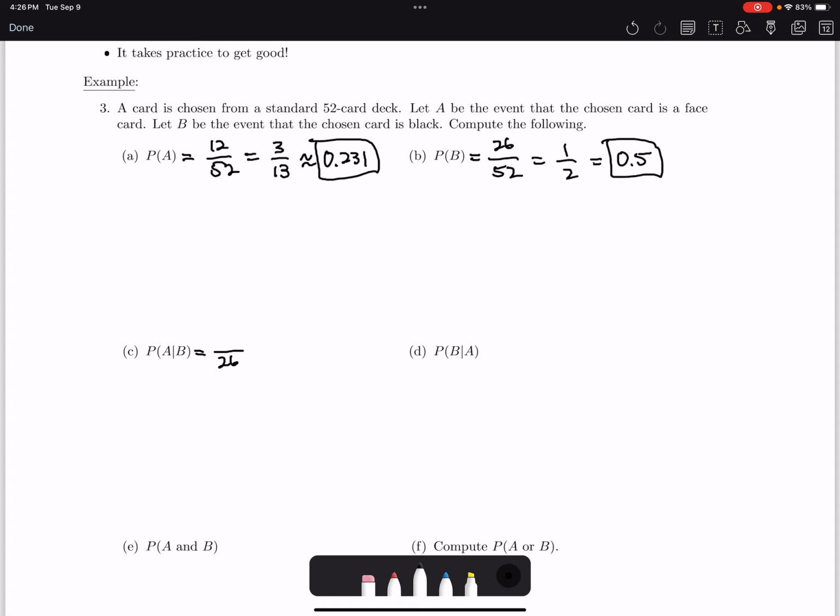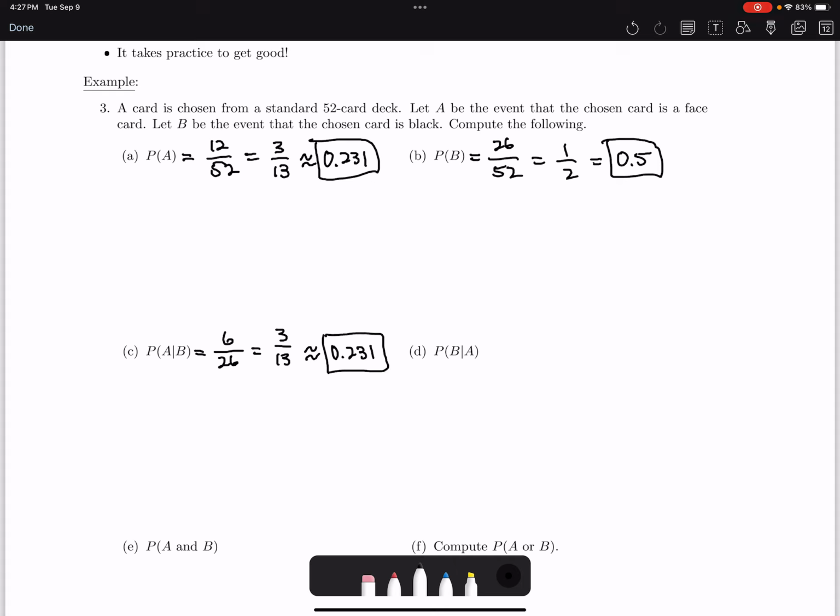And the answer would be 6. There's a jack, queen, and king of clubs, and a jack, queen, king of spades, right? So 6 face cards in total. You can punch that into your calculator, and that would reduce to 3/13, okay, which as a decimal would be 0.231, just like we saw in part A.